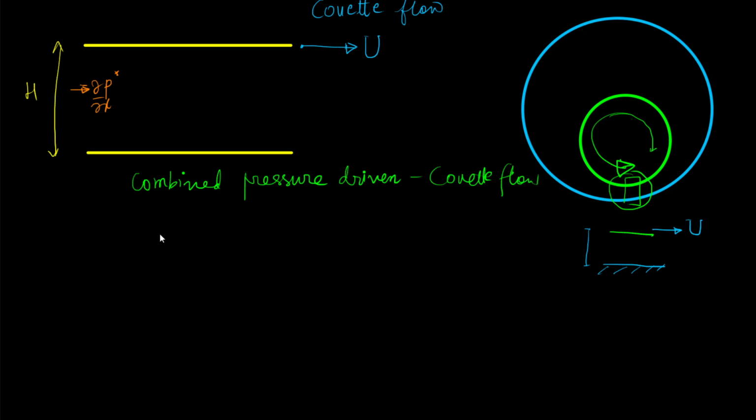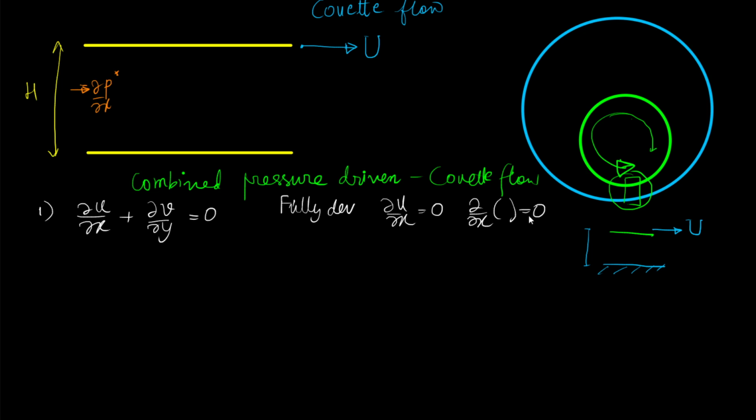Let us write down the governing equations for this. So once again, the continuity equation, or the incompressible condition, is this. Once again, we consider fully developed flow so that del u del x is 0, or rather any gradient in x direction is 0, and we consider that the walls are impenetrable.